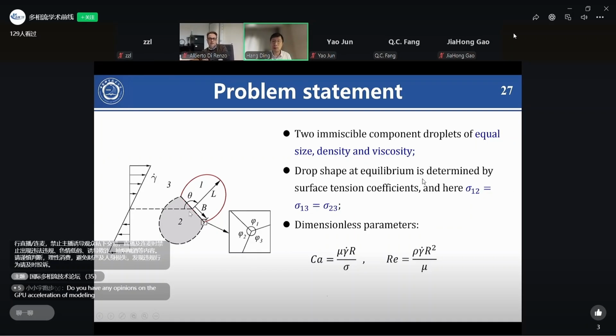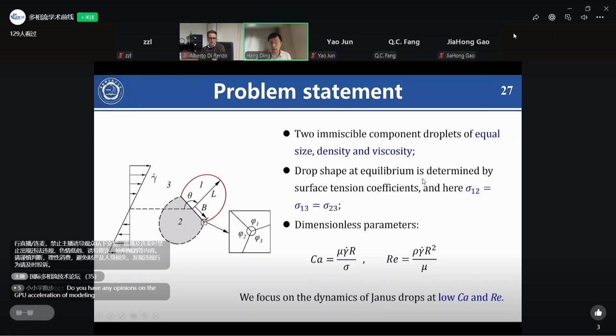Here, for this case, we assume that the surface tensions between fluid 1 and fluid 3, fluid 1 and fluid 2, and fluids 2 and 3 are equal. Of course, we can change them. Actually, we will change them, but here we show these results. And then this fluid system is characterized by these dimensionless parameters, the Capillary number and the Reynolds number here.